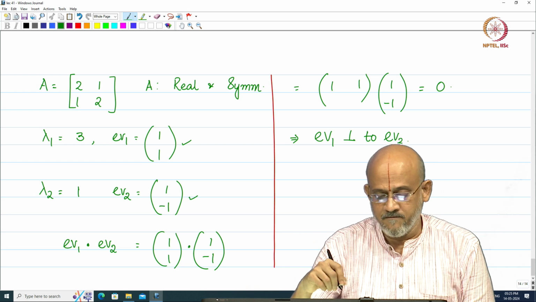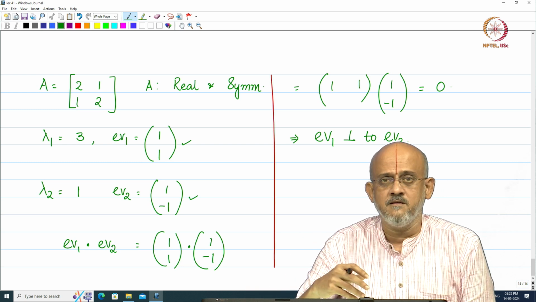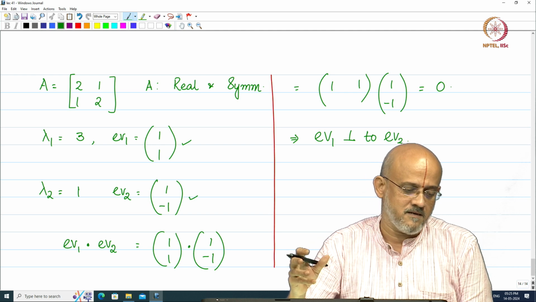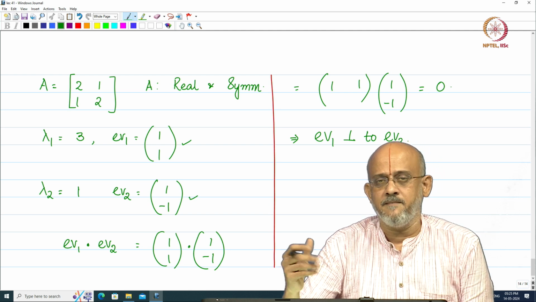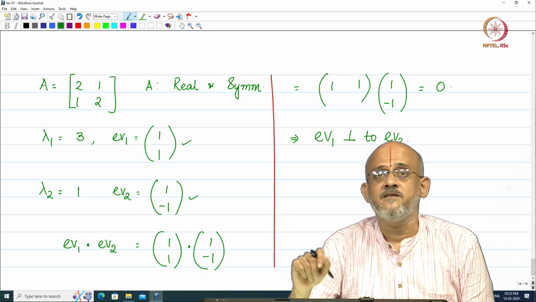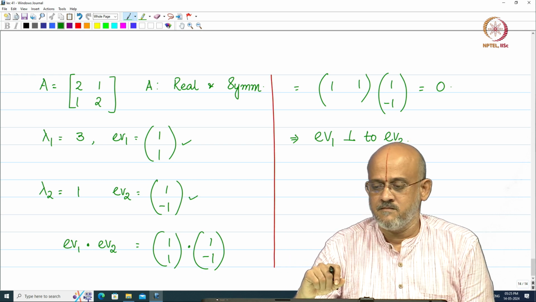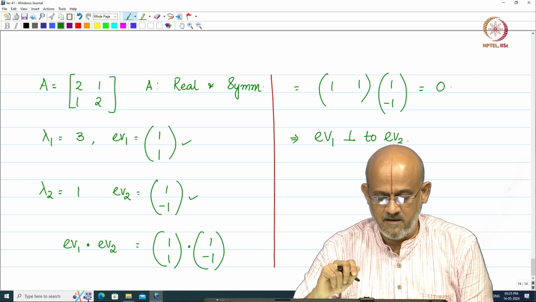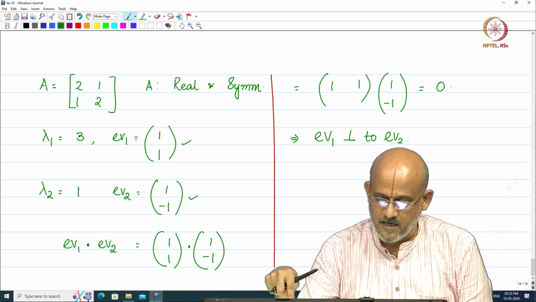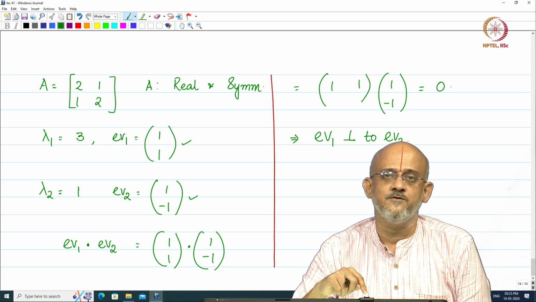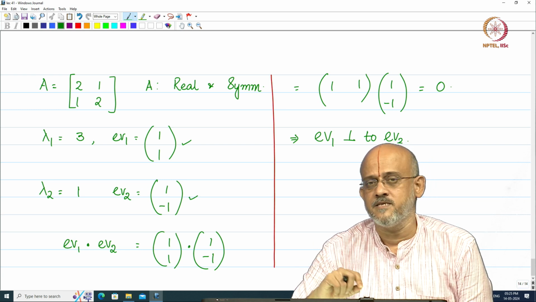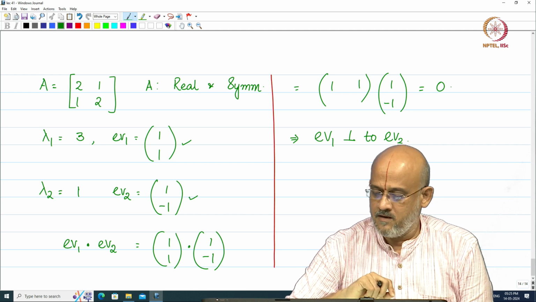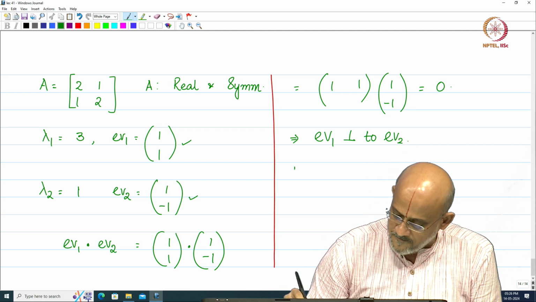Now, if we take a matrix which is not, let us say, a symmetric matrix, we may not have this property. But what we see here is, for a symmetric matrix, the eigenvectors associated with distinct eigenvalues are orthogonal to each other.